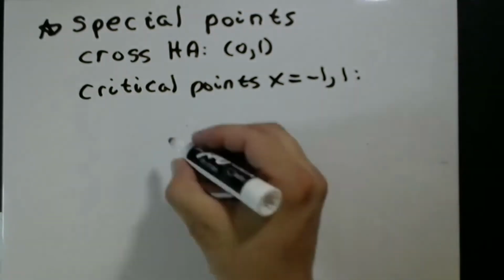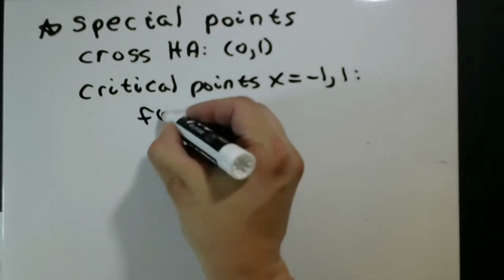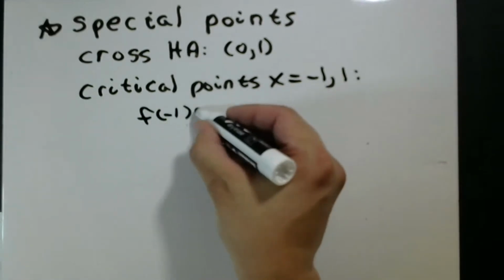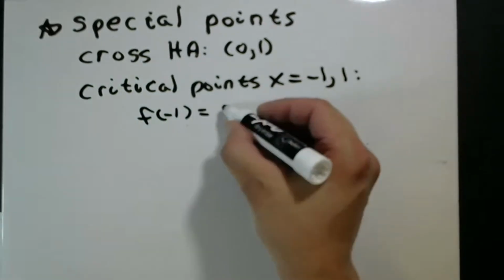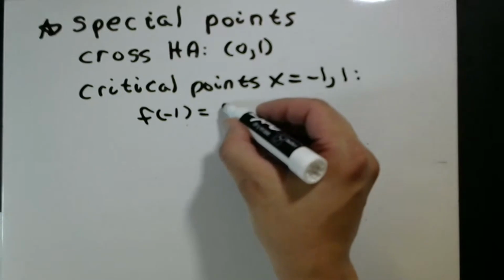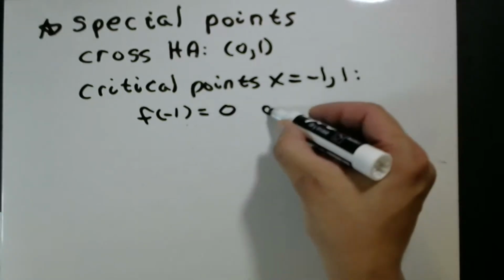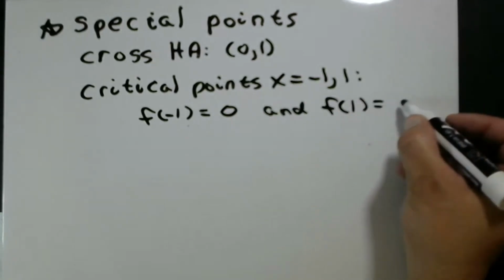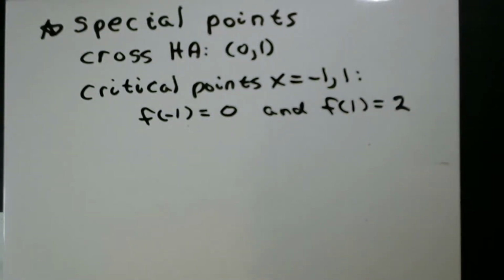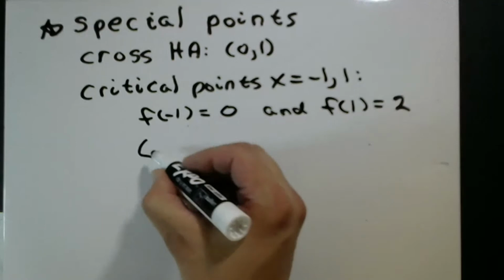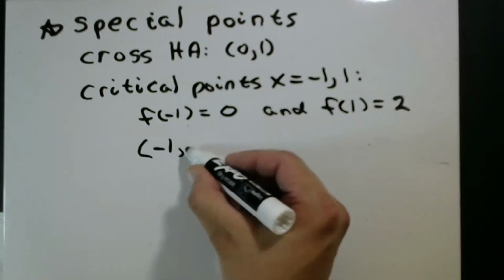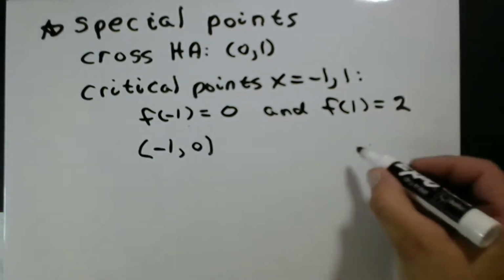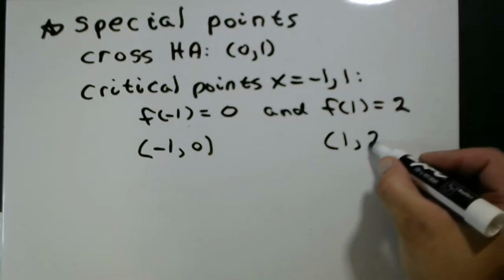So they're at -1 and 1. f(-1) is going to turn out to be 0. And f(1) is going to be 2. So that means our critical points are (-1, 0) and (1, 2).